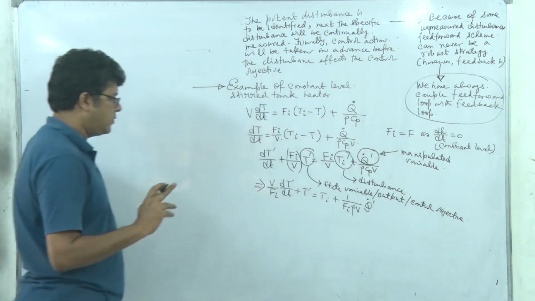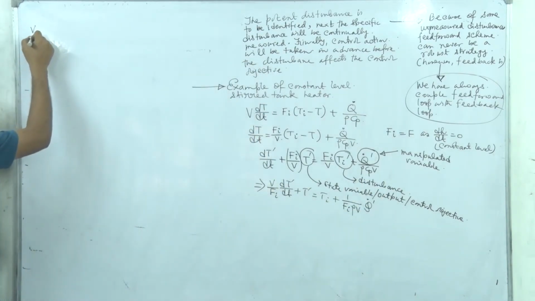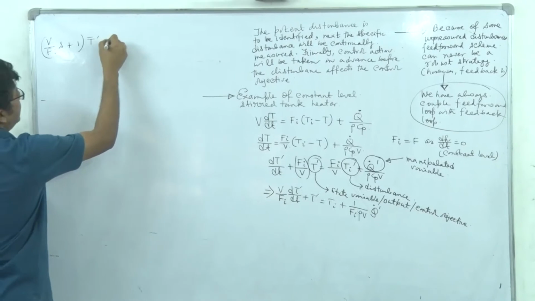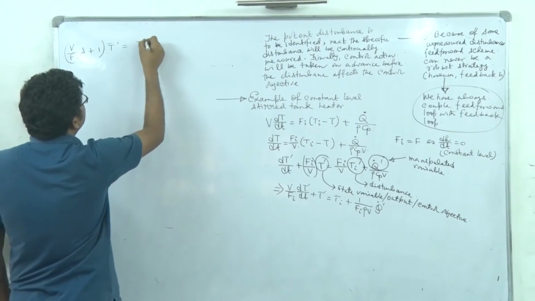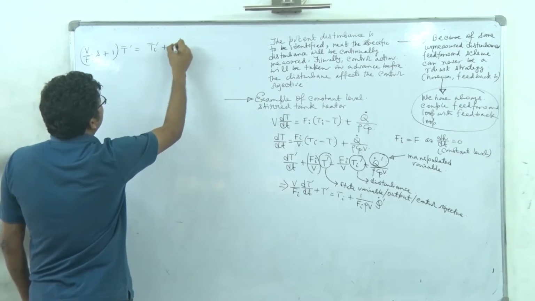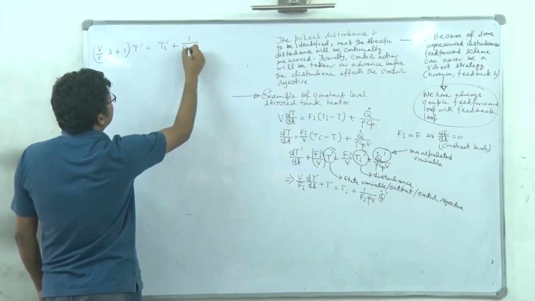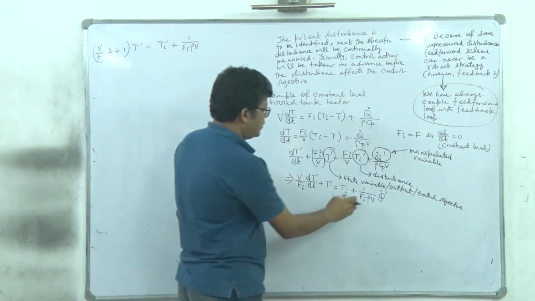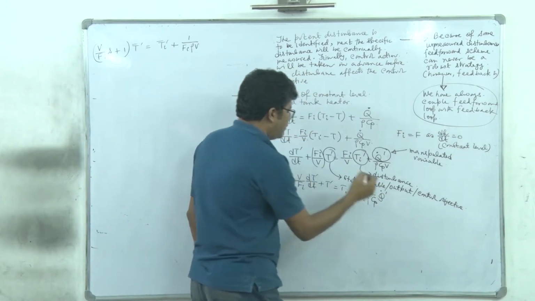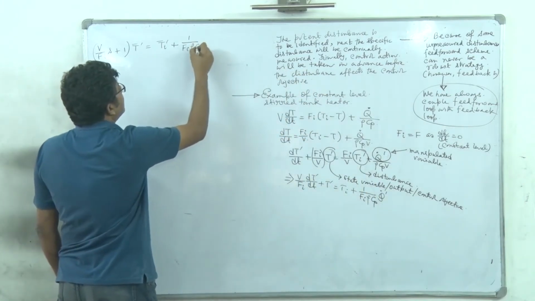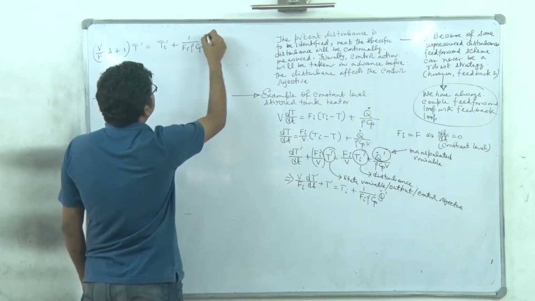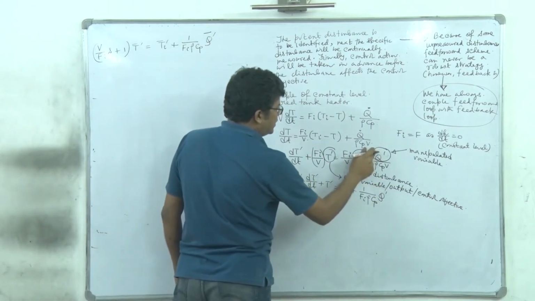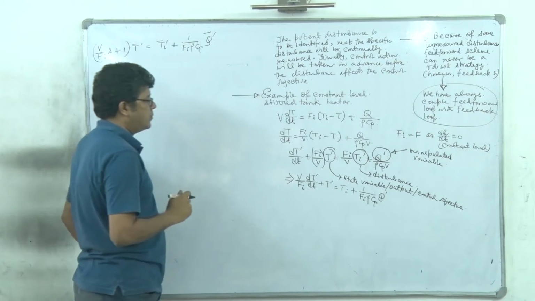That's a better form. So V divided by Fi into s plus 1, whole bracket, T prime bar is equal to Ti prime bar plus 1 by Fi rho Cp into Q prime bar, where V cancels out. Let's not use the dot here, just Q prime.